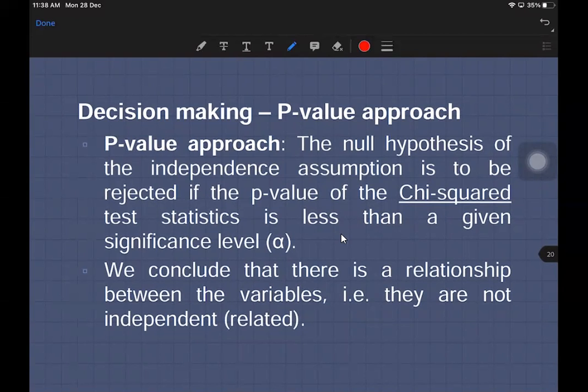Your conclusion will be that there is a relationship, because you are in favor of the alternative. But if your p-value is greater than alpha, your conclusion will be there is no relationship between the two variables.